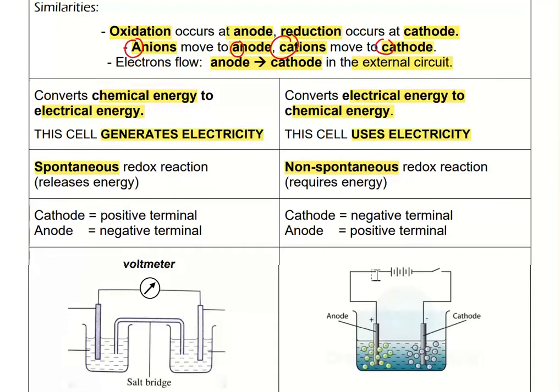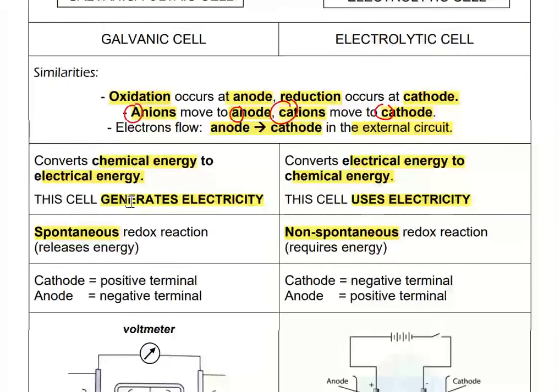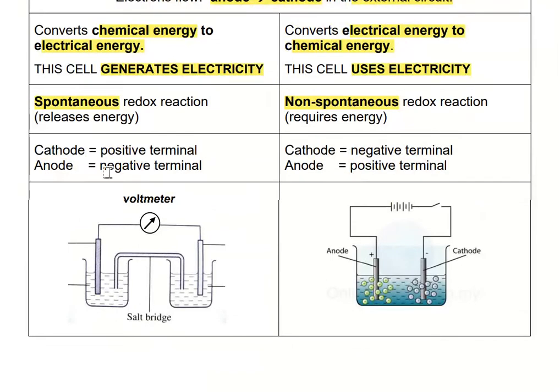In the galvanic cell, the cathode is the positive terminal and the anode is the negative terminal.